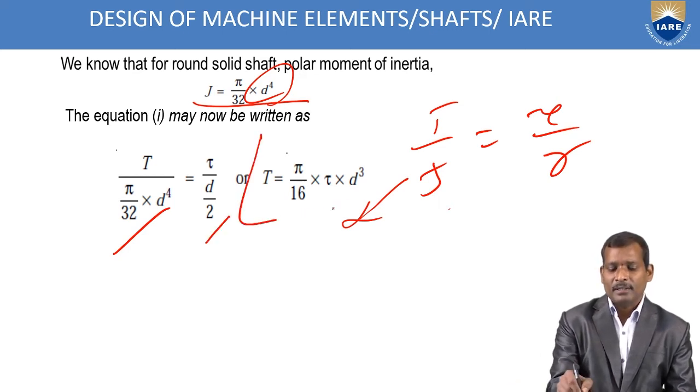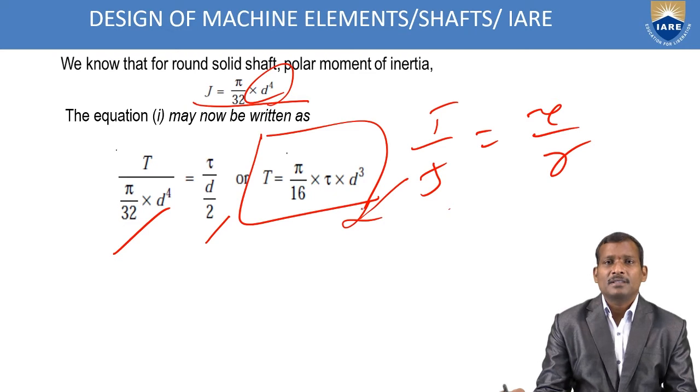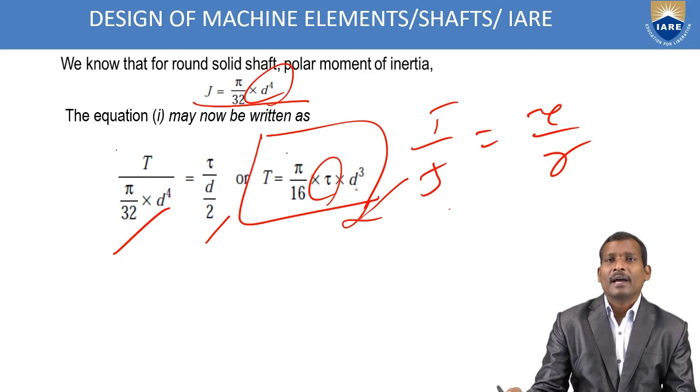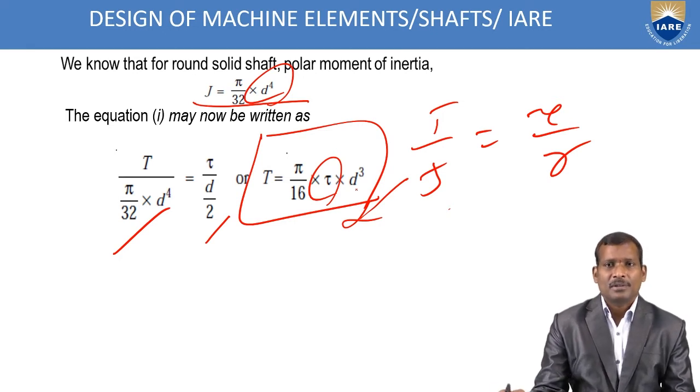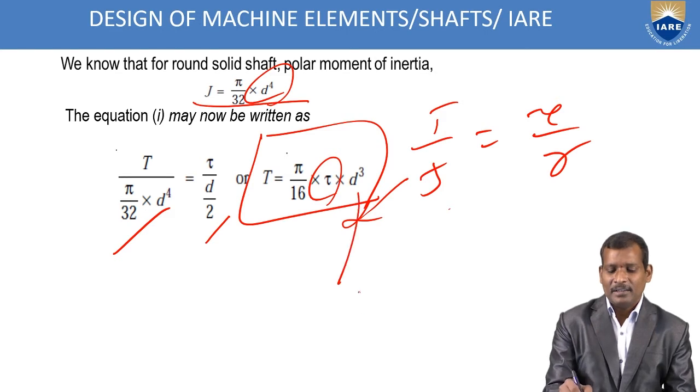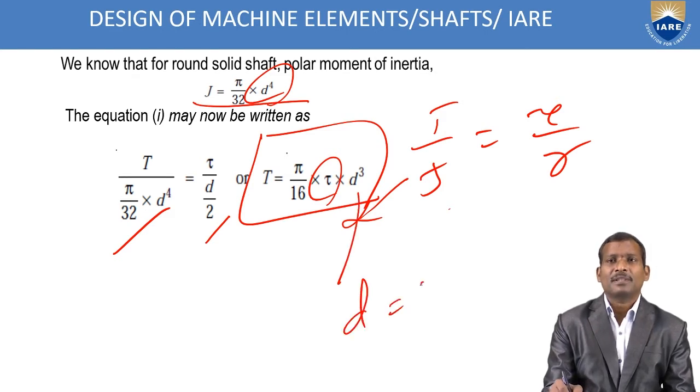So we get the final equation: T is equal to pi by 16 into tau into d cube. Here tau is the torsional shear stress and d is the diameter, T is the torque. By using this equation, you may calculate the d value, the diameter of the shaft.